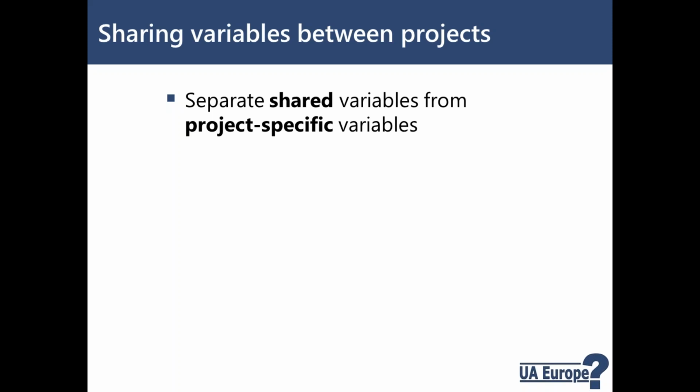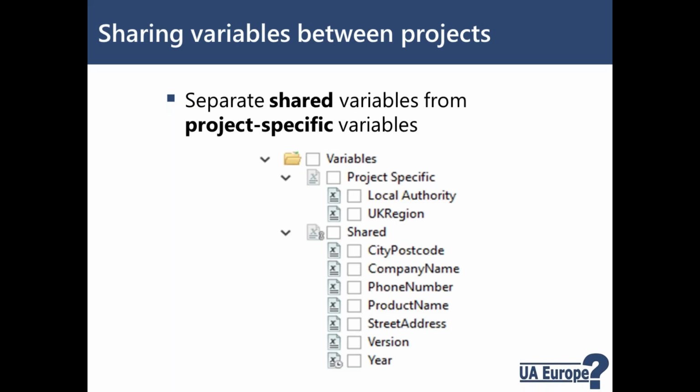And all your standard variables like your company name, your company phone number, the company city, anything which is going to be common across all of your Flare projects, you can define within your global variable set. So I typically, in all of the projects I work in, have one variable set which is my shared variables, which you'll see from that little link symbol has come from another project.